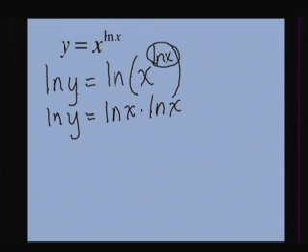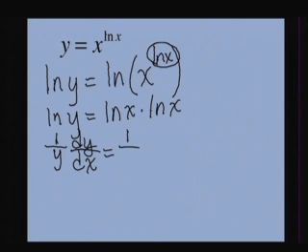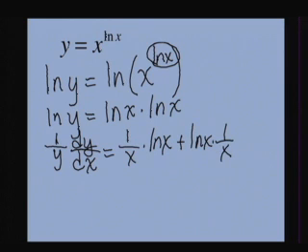Now we'll do implicit differentiation. On this side, we have 1 over y dy dx equals, and we have to do the product rule here. So we would have the derivative of log x times log x, because both the first and second functions are the same. And over here, we'll have log x times 1 over x. We can combine those two together, of course, and get 2 log x over x.